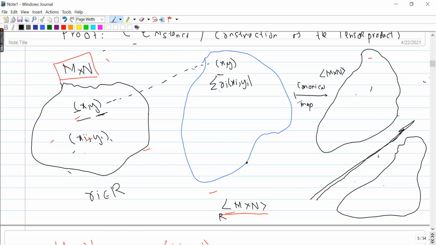So you can simply see that because there exists a canonical map from here to here, you can also see a canonical map from this module to this quotient module. So this is also a canonical map.